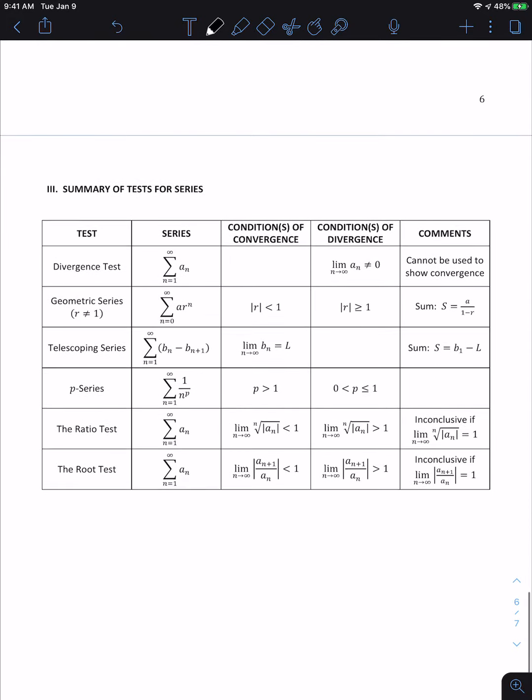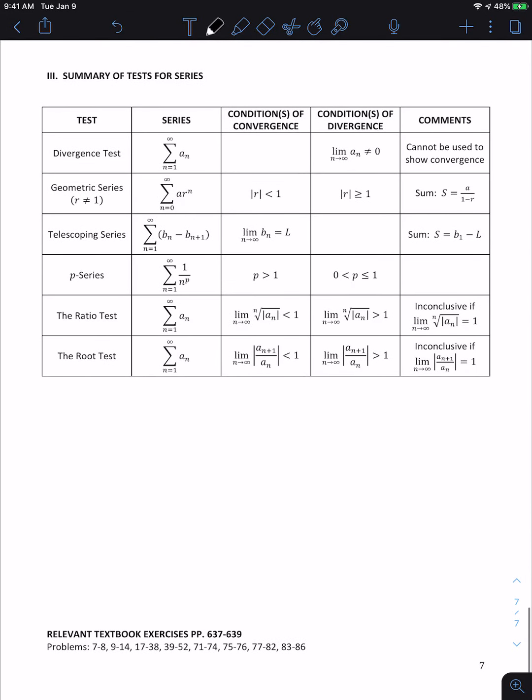Okay, so far, well actually at this point we've learned all of our tests to determine whether a given series converges. So let's talk about all of them. This is a nice chart to help us determine whether a series converges. Right, so the first thing we should always do, I've told you this before, is to make sure to do the divergence test, because we can easily evaluate the limit.